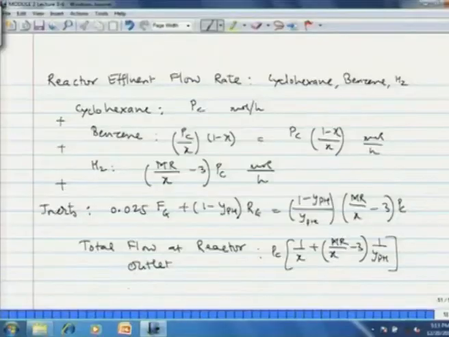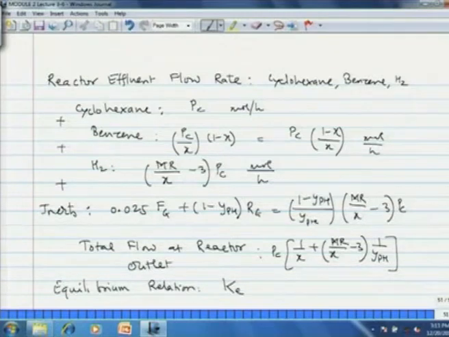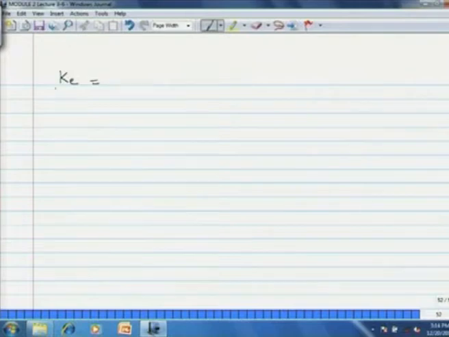And then the equilibrium relation. The equilibrium constant will be Ke, which is equal to the fugacity of cyclohexane divided by the fugacity of benzene at reactor outlet and the fugacity of hydrogen to the power 3 because of the stoichiometry. We try to write the same equilibrium constant in terms of fugacity coefficient and mole fraction.